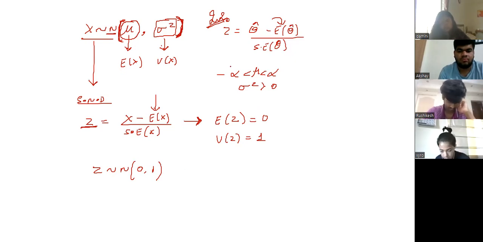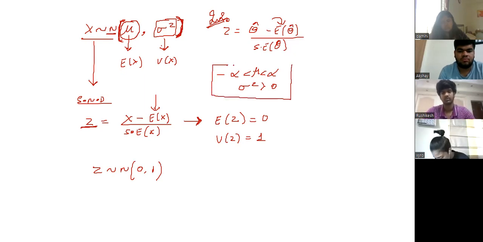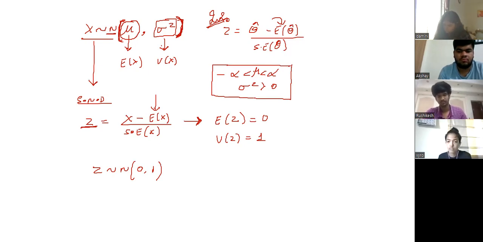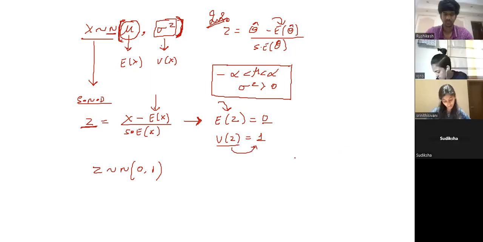The reason is simple. In the case of normal distribution, I get many different values for mu and sigma square, and in this case we can't use the table. We would need to make multiple or infinite tables, but the solution is to convert this variable into standard normal distribution. As soon as you do that, your mean of z is equal to 0 and your variance of z is equal to 1. Does that make sense to everyone?